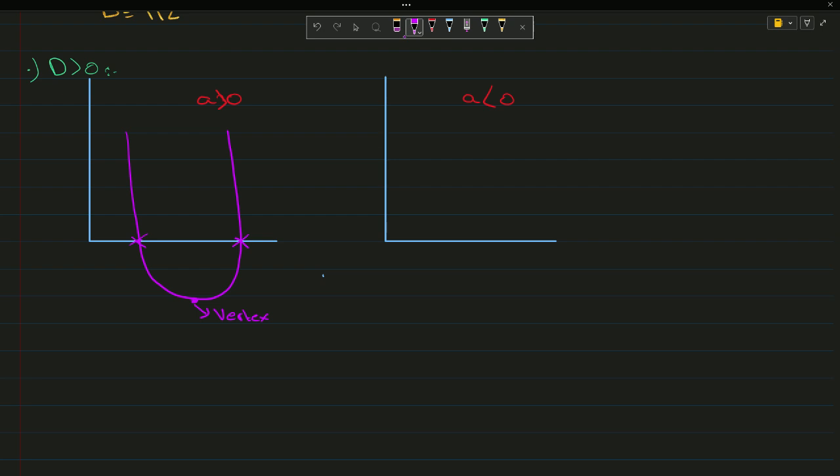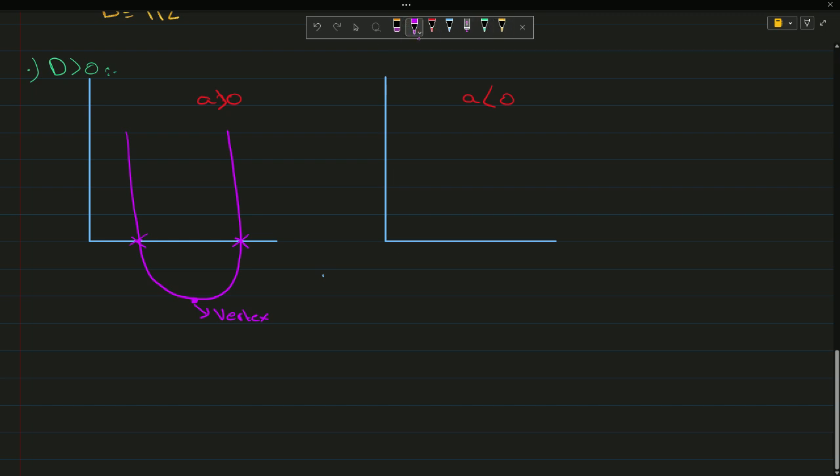This happens only and only when the value of the discriminant is greater than 0 and the coefficient of a would also be greater than 0. Now I'll just write this later. First, the second example.